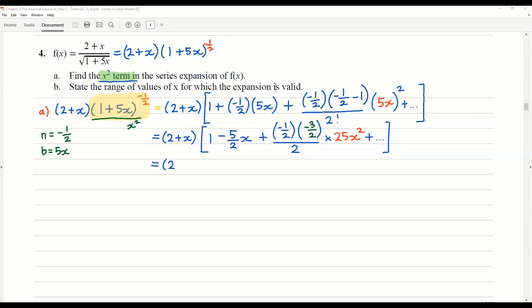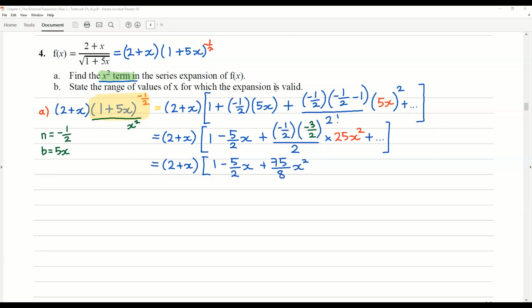So this is going to be 2 plus x multiplying 1, subtract 5 over 2x. We have two negatives multiplied together, so that's going to be 3 over 4. Divide that by 2. That's going to be 3/4. 3/4 of 25 is going to be plus 75 over 8x squared.